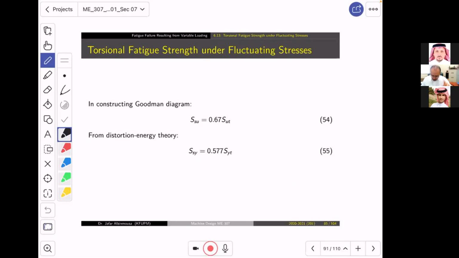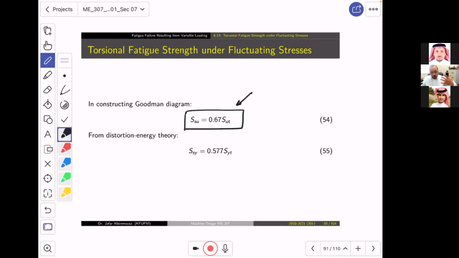Number one, we multiply the ultimate strength for torque by 0.67 of that for tension.